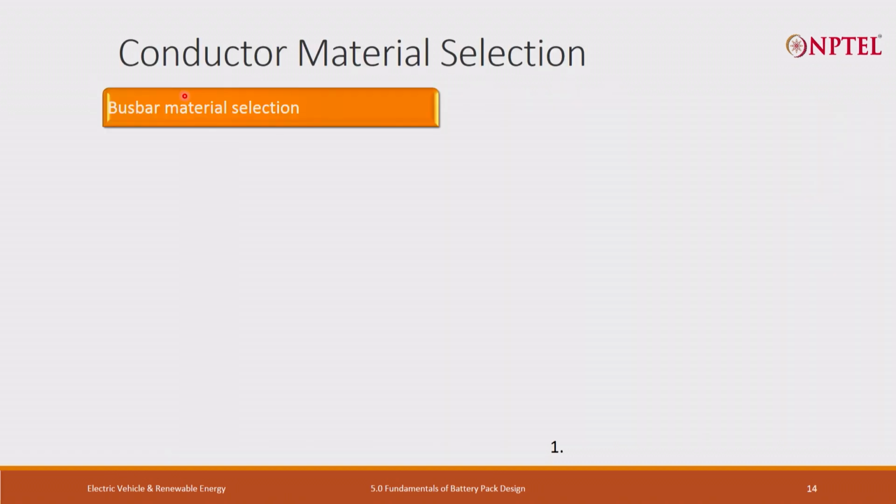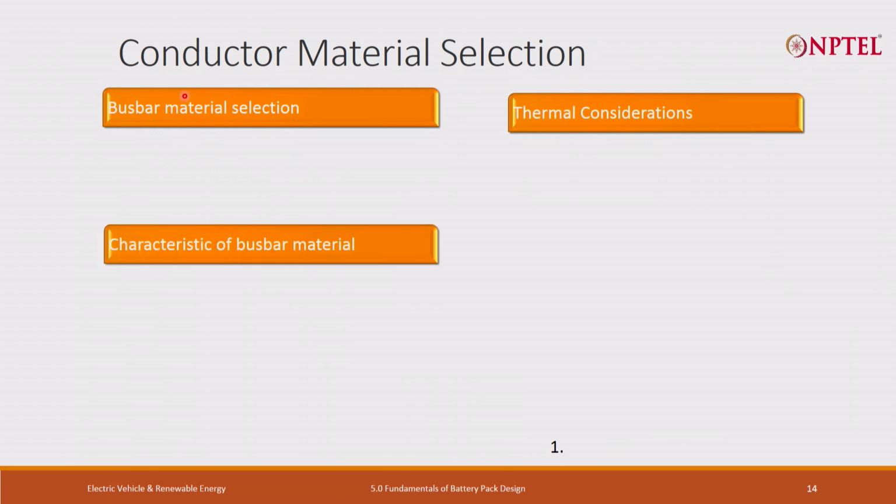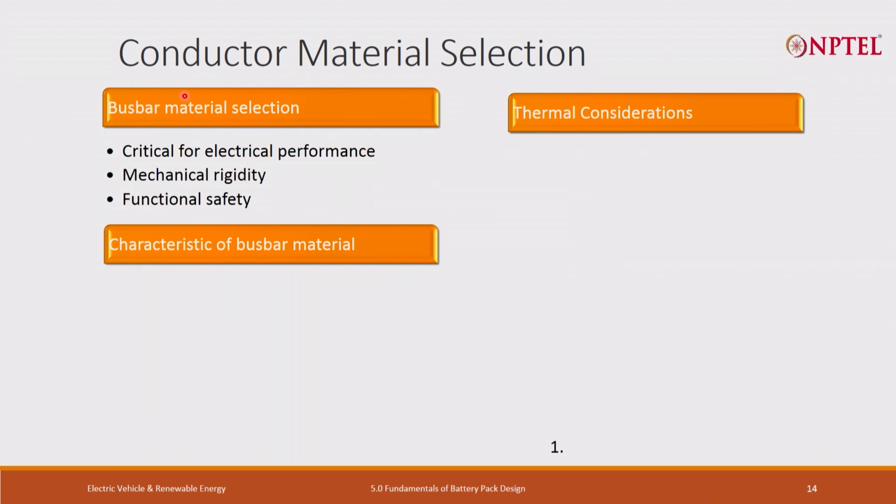How do we select a conductor? The first thing that comes is bus bar material selection, then we have to worry about thermal consideration. Once we have done that, then we have to find the characteristics of the bus bar material. The material selection is critical for electrical performance, it should have great mechanical rigidity, and should help in functional safety.